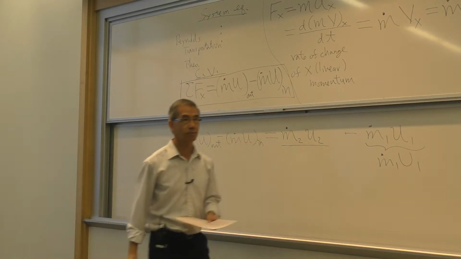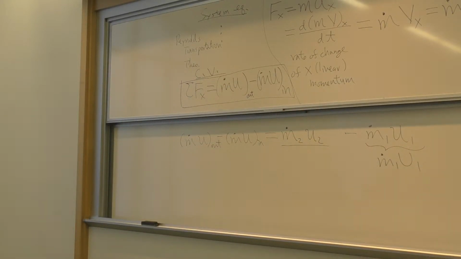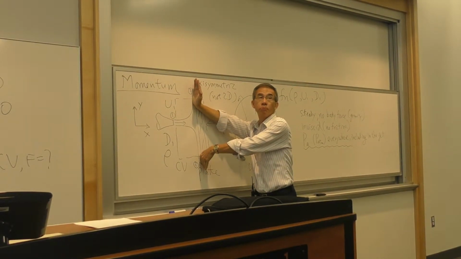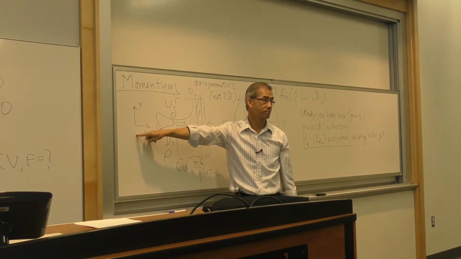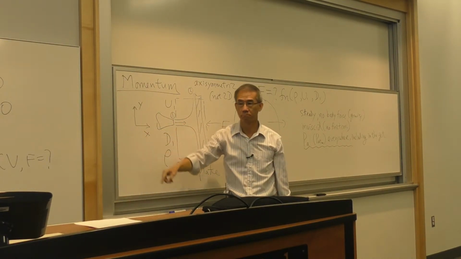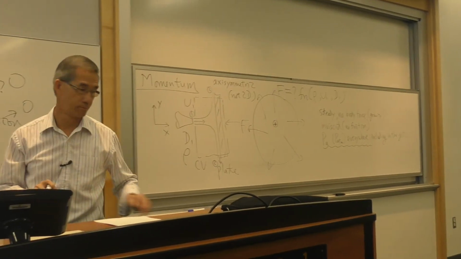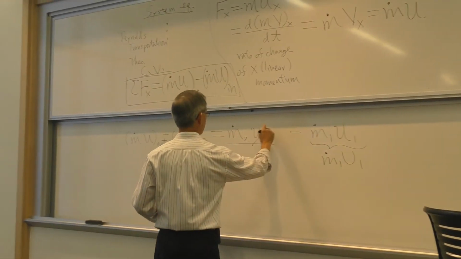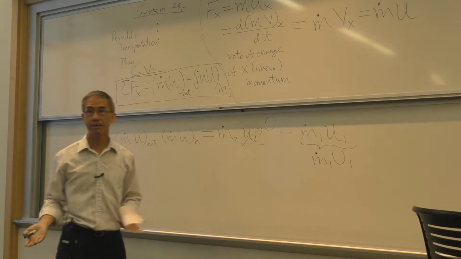What is the velocity component at the exit of this jet? Circular, top and bottom. That is parallel to the x-axis. Zero. This guy is zero, because the plate deflected the jet by 90 degrees.